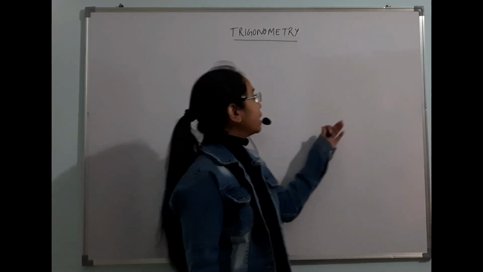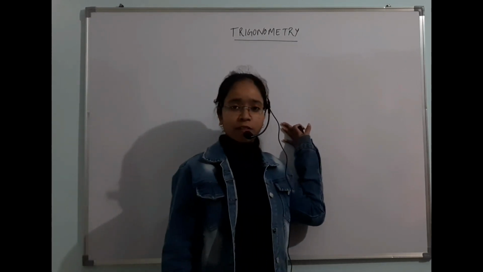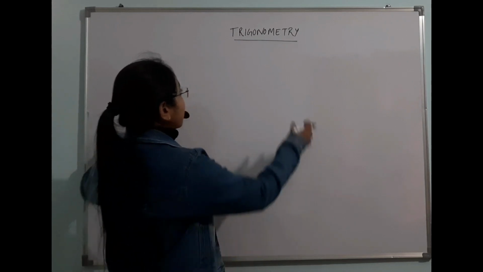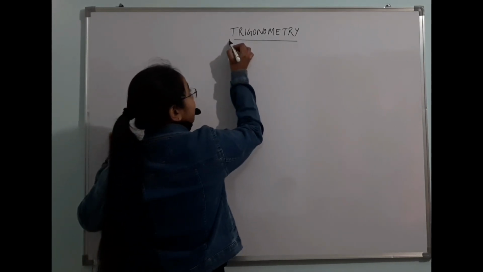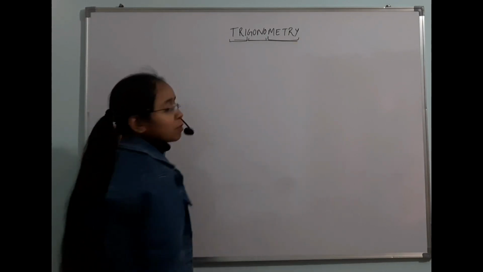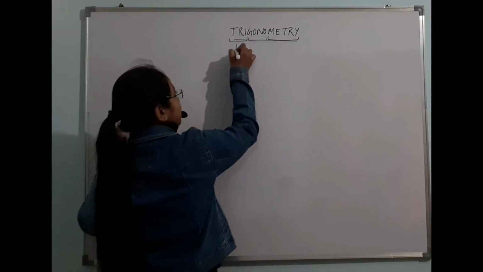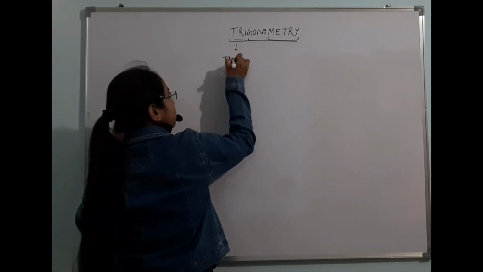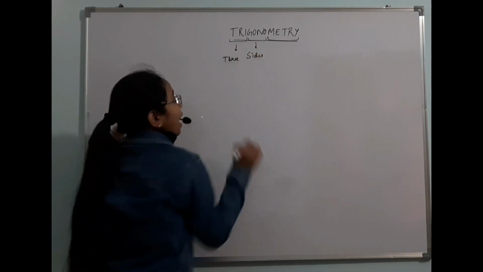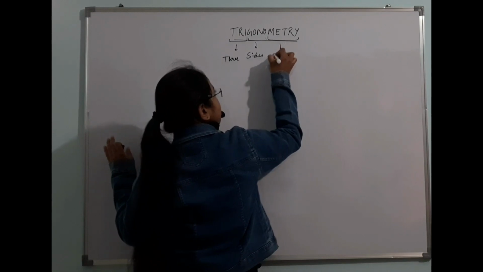So, before beginning with the actual topic, we must first know the meaning of trigonometry. The word itself is divided into three parts: tri means three, gon means sides, and metry means measurement.